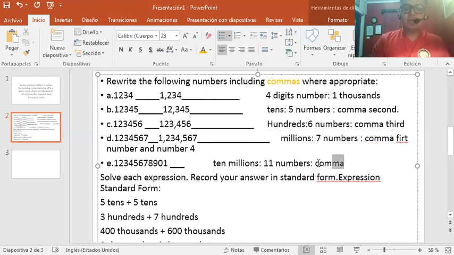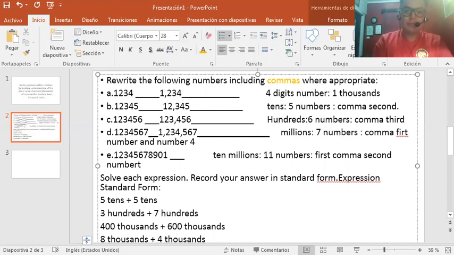so let's see here. The first comma is gonna be in the second number, okay?